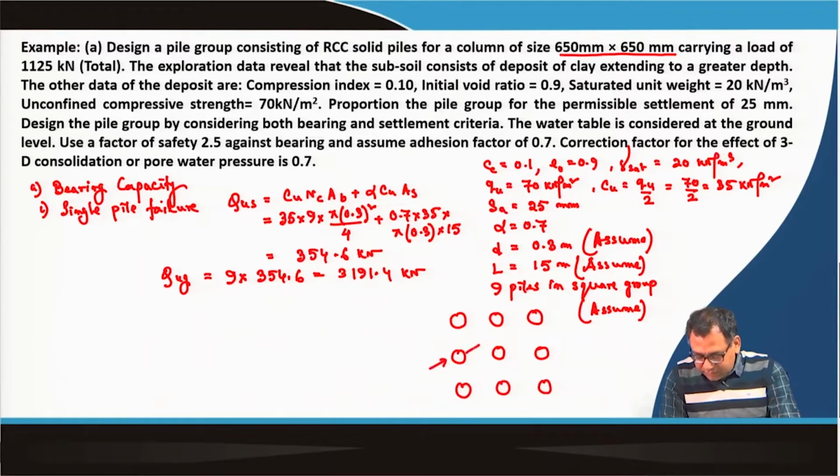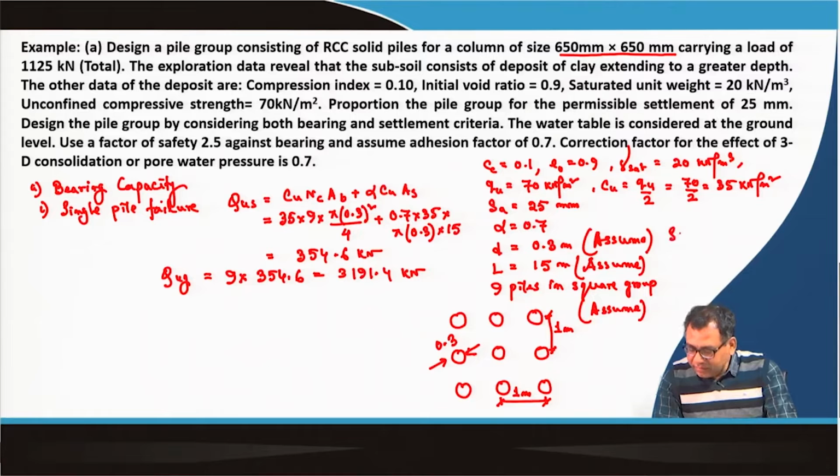So these are the 9 piles, and the diameter is 0.3. Again we are assuming for the first trial that the spacing between the piles is 1 meter. Here also, as per IS code, the minimum spacing is 3D, so we are taking 1 meter.